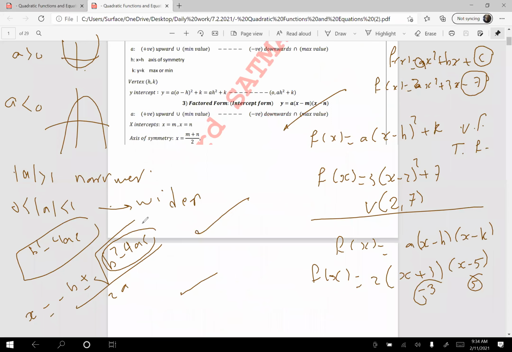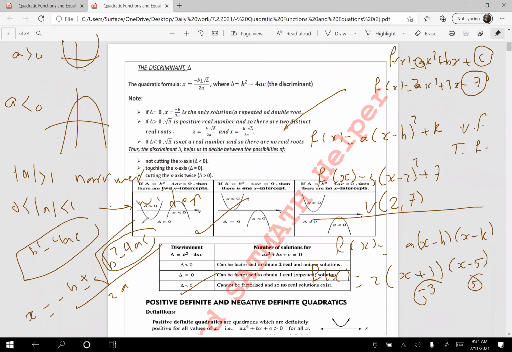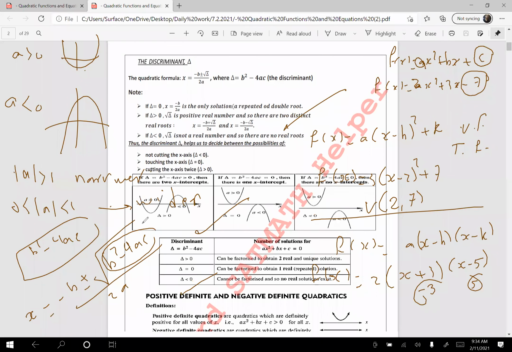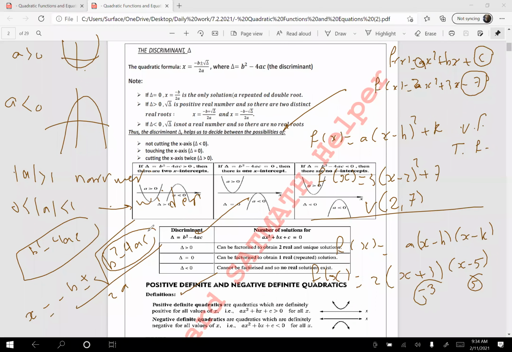Okay? Like this one. If the discriminant is positive, the function has 2 different roots. If the discriminant is 0, then the function has only 1 root or 2 equal roots, and the graph will touch the x-axis, but this other graph intersects the x-axis at 2 points.